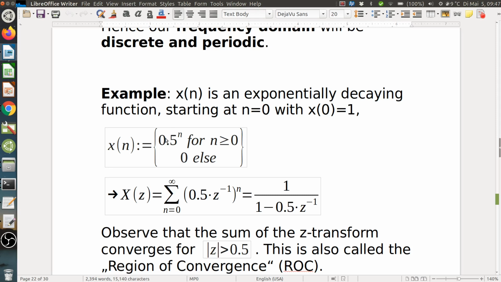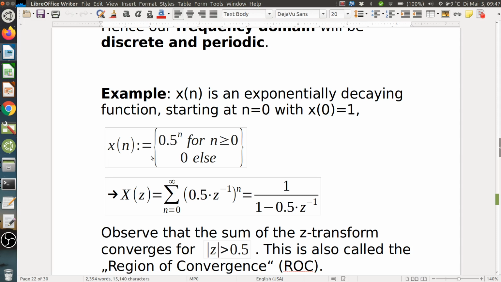So here the function is 0.5 to the nth power, right? And for negative n we have 0. So for n equals 0 we have 0.5 to the 0th power, then this becomes 1, right? x0 is 1, and then we have this exponential decay with this factor of 0.5. So this is easy enough.